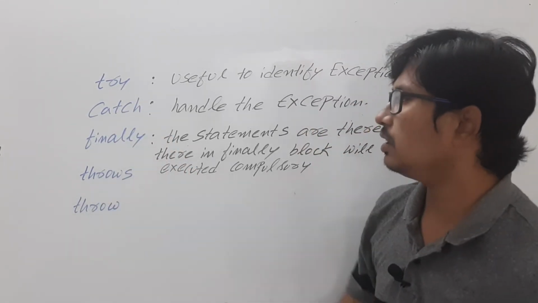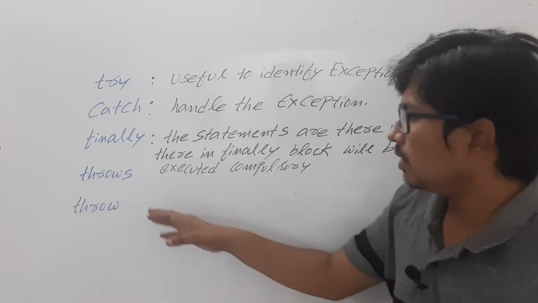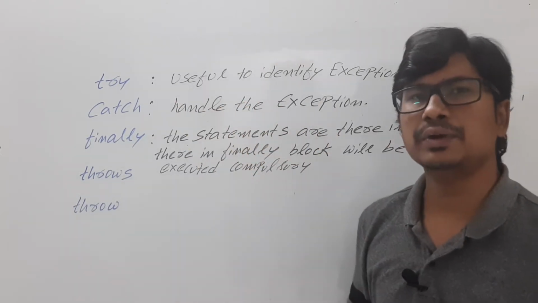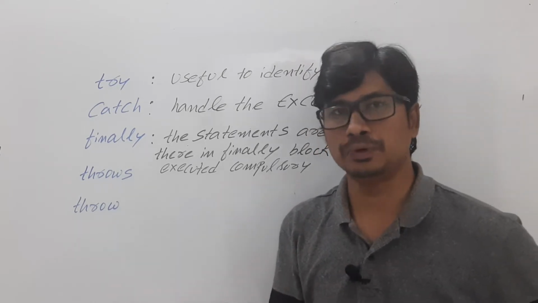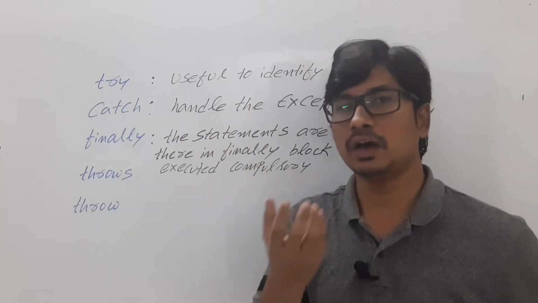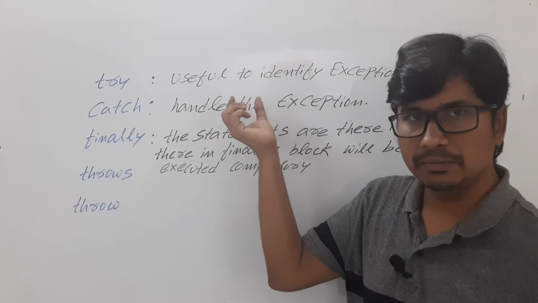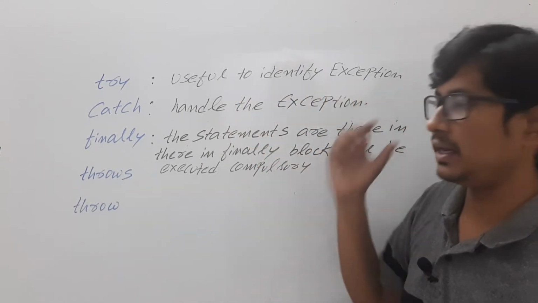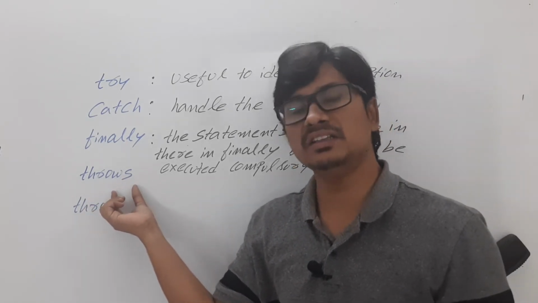Now you have the throws and throw. Throws means you will throw the exception. When we discussed input and output, where we want to read the input from the user, we used the input stream reader and buffered reader. At that time, in the main method we wrote throws exception. If you want to throw it, then the system will handle this exception.